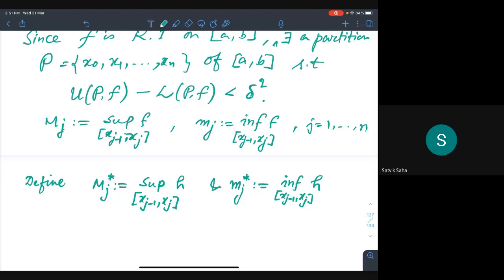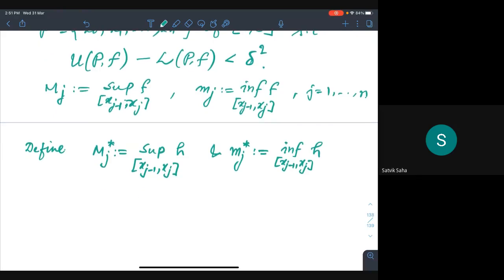Corresponding to this partition, we'll show this partition actually would work in some way. Let us see how.